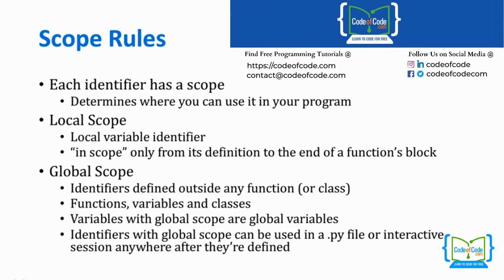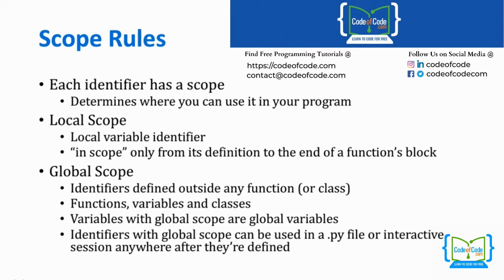So the local scope has to do with identifiers that you define in the block of a function, and the global scope has to do with identifiers that are defined outside of any function, or as we will see later in a subsequent lesson, outside of any class.